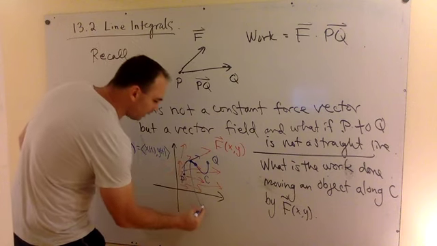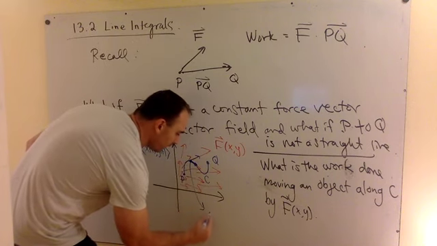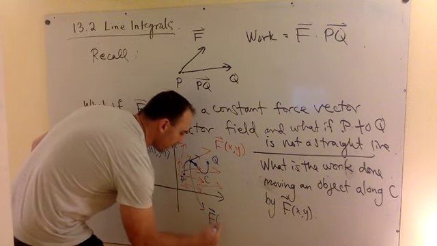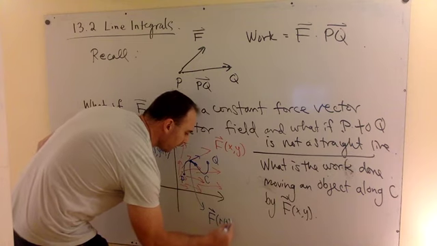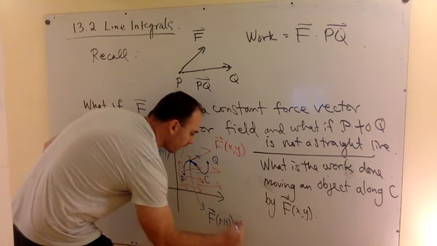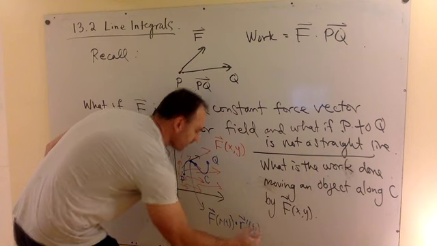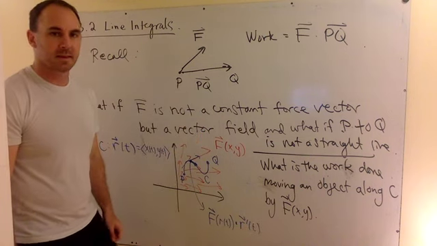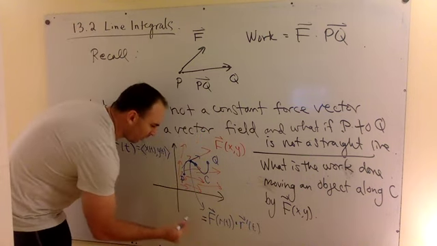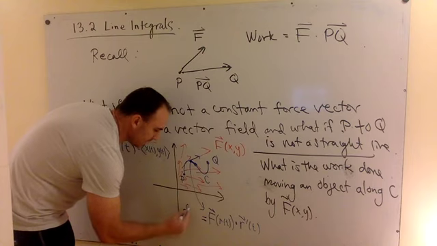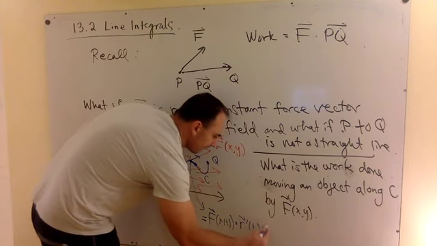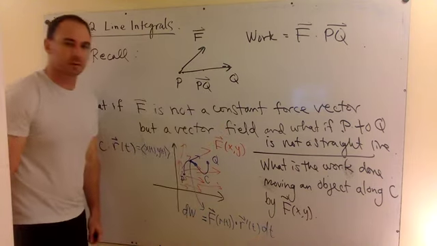So just a little slice of work is going to be something like this. We'll call this a little dw, and this is like a dt, a little slice of work.